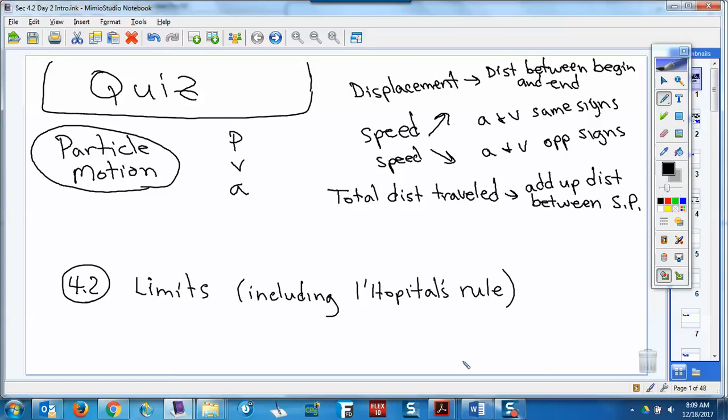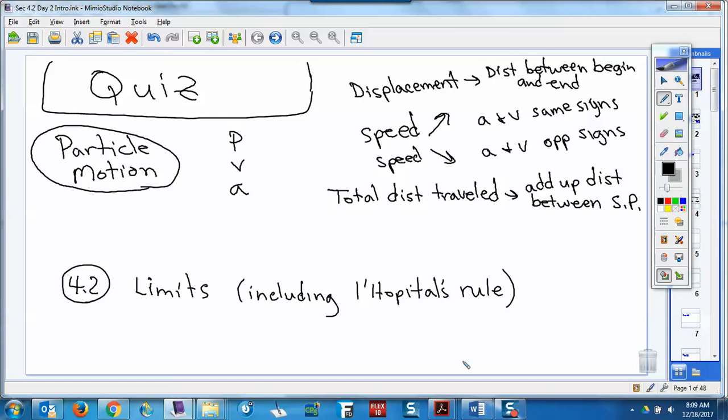If I go to Lincoln, stop, turn around and come back to Gibbon, my total distance is from here to Lincoln, plus Lincoln to Gibbon. So we have to find those different spots, almost like a list of candidates: where we were when we started, where we ended, and where we stopped. We find all those places and add up the distance between them. We'll practice that some more in class, and I think you'll have some work time tomorrow to do that.